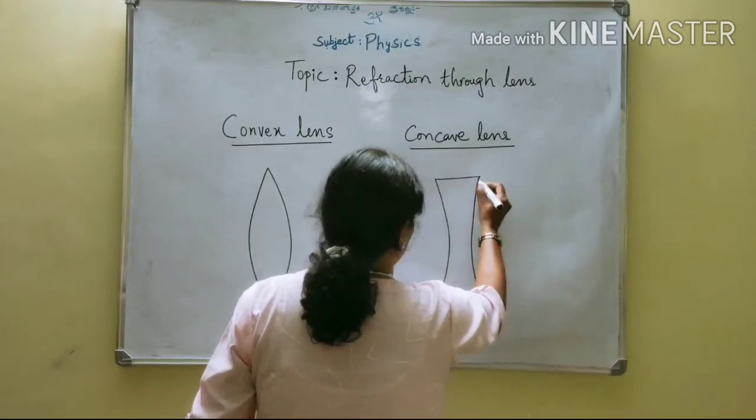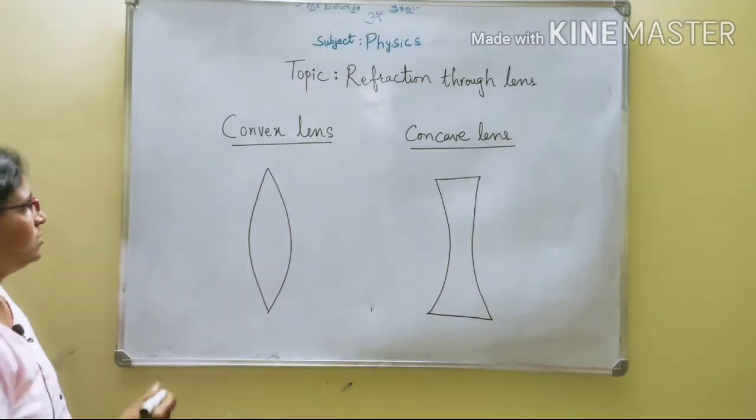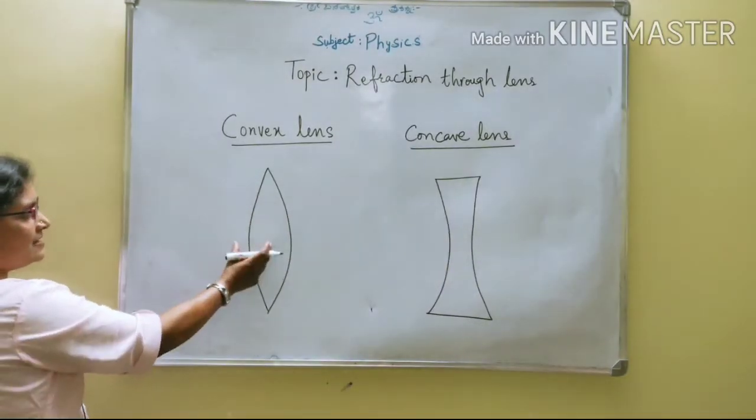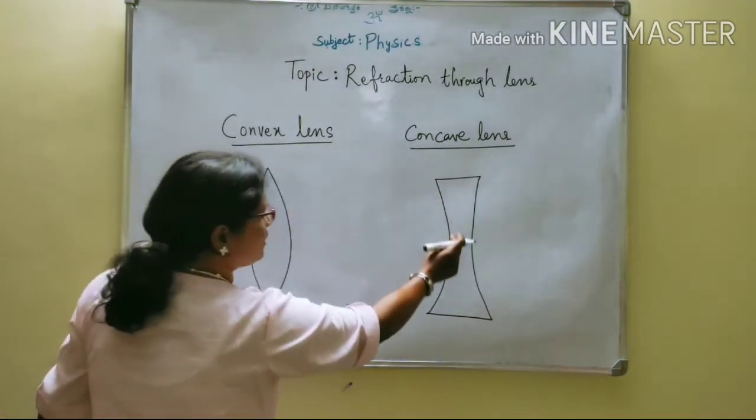So this way we can show that the convex lens is thick in the center, whereas concave lens is thin in the center.